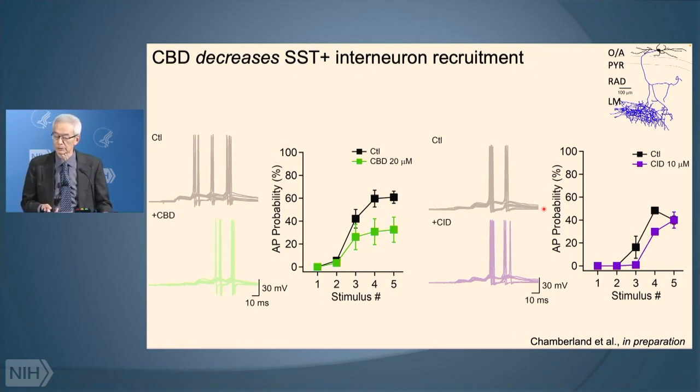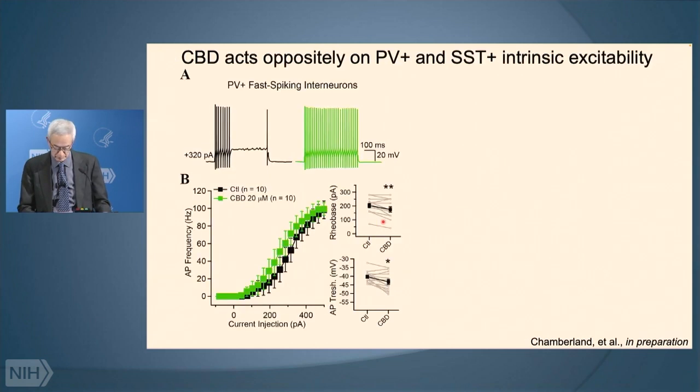What is this due to? Is it due to the excitatory transmission, or is it due to their intrinsic excitability? Because remember, we're firing spikes here. We're describing the probability of spikes. So this shows what happens if you depolarize using the patch clamp electrode, bypassing synaptic transmission to make the neuron fire spikes.